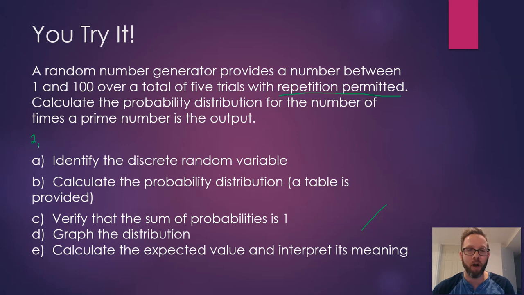So 1 is actually not prime. 2 is the only even prime number. 2, 3, 5, 7. 9 is not. 11, 13, 17, 19. This is a good exercise for me, seeing if I don't mess this up. 23, 25, and 27 are not prime, but 29 is. 31, 37, 41, 43, 45 is not prime, 47.